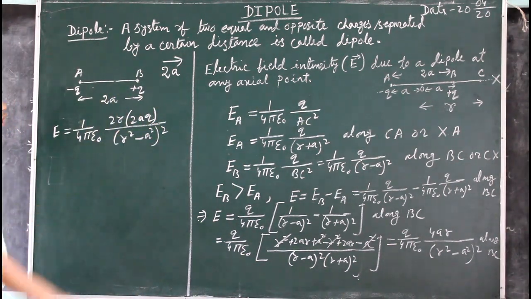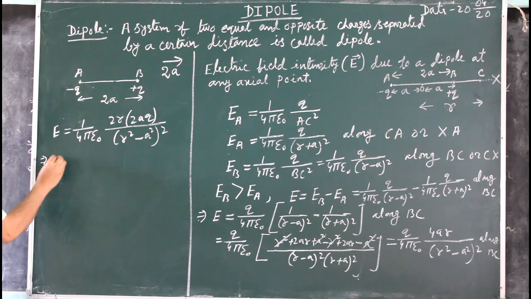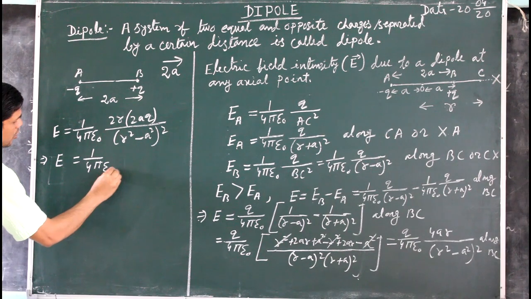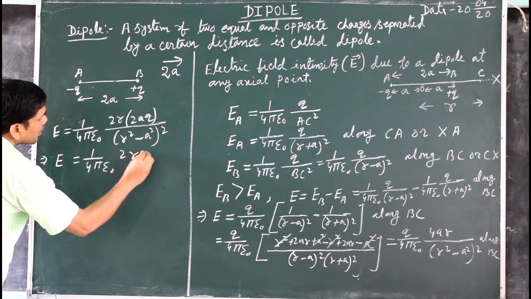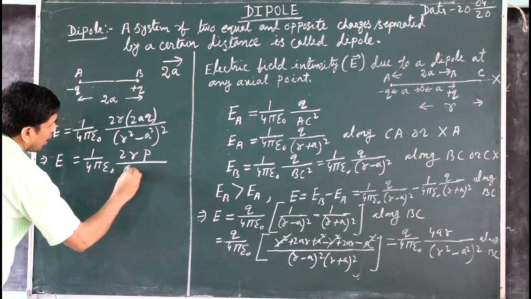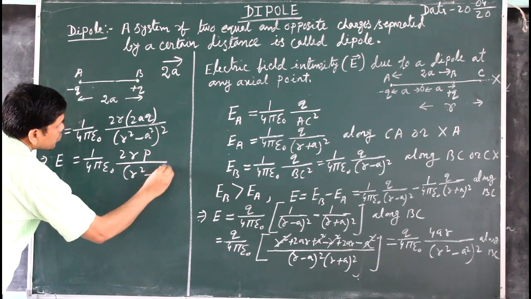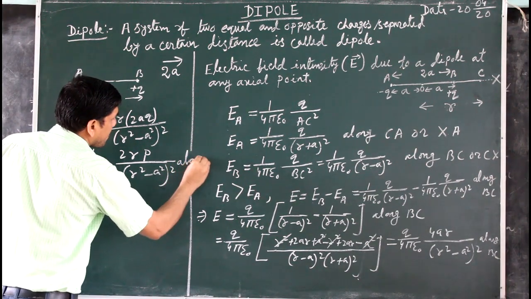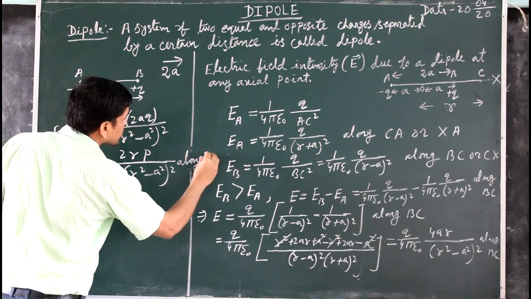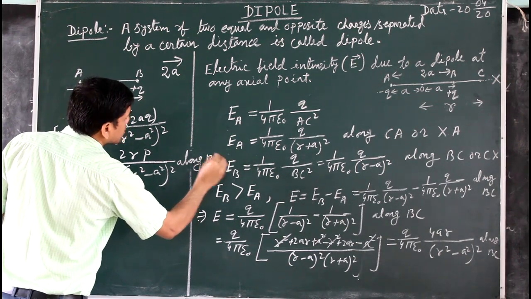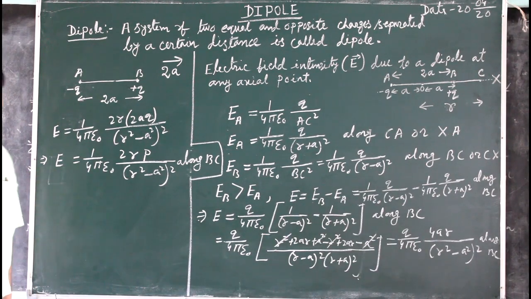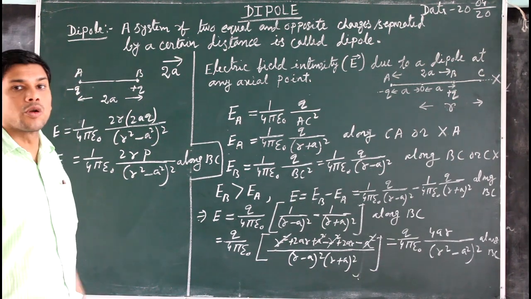So in place of 2aq we can write in terms of dipole moment, E equal to 1 by 4 pi epsilon naught 2rp by r square minus a square whole square along this direction BC. Okay, so it is the expression of resultant electric field in terms of dipole moment.